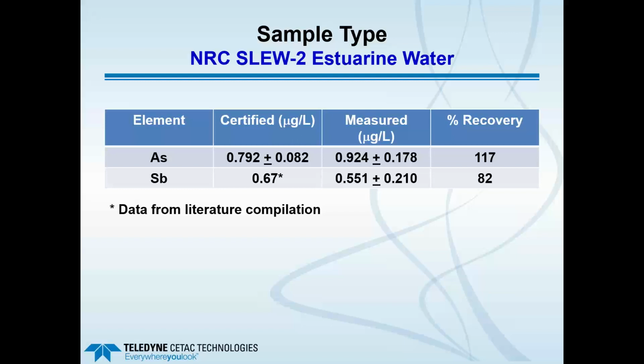Again, the arsenic recovery was quite good, a little bit higher at 117%, but still quite good. The antimony measured at about 0.55 versus a reference value. This was data from a literature compilation for antimony. Recovery a little bit low at 82%, but again, the value is not certified.